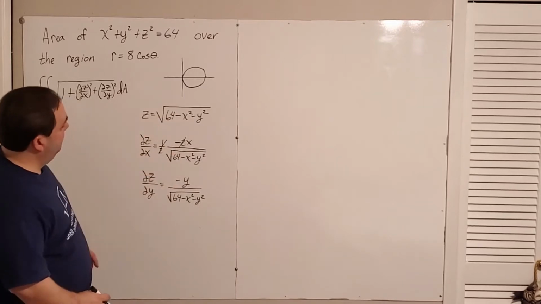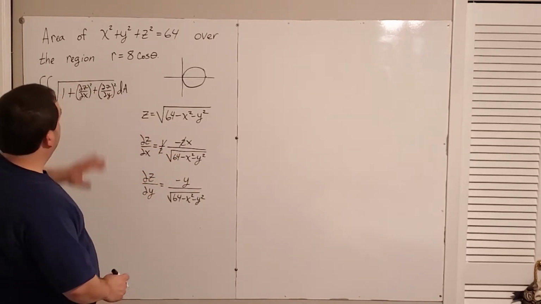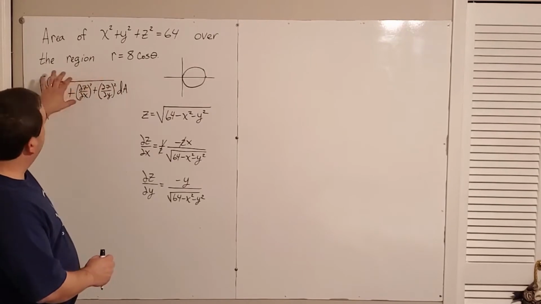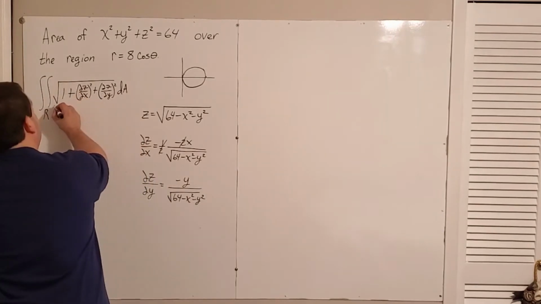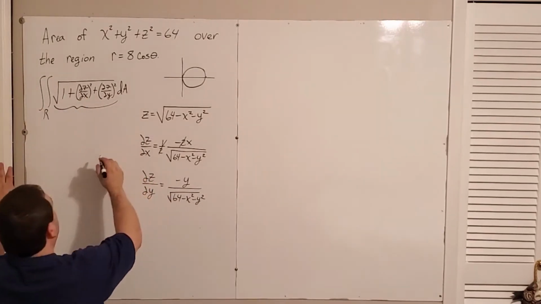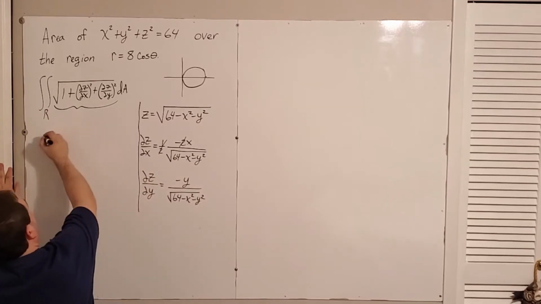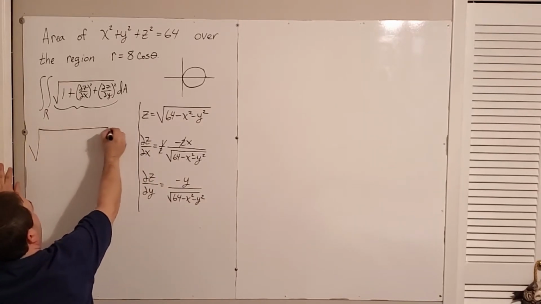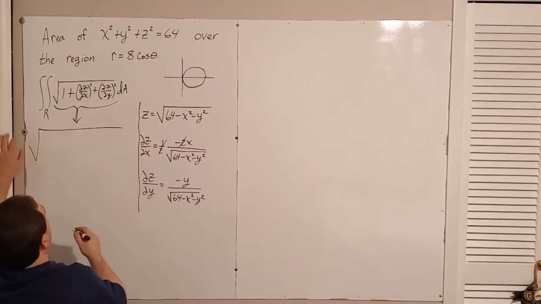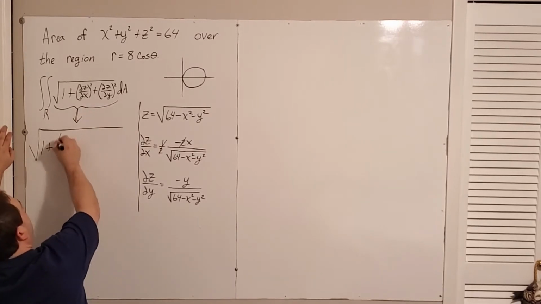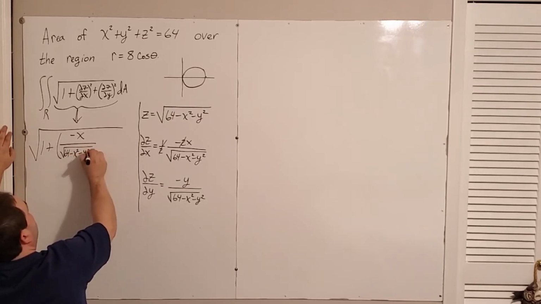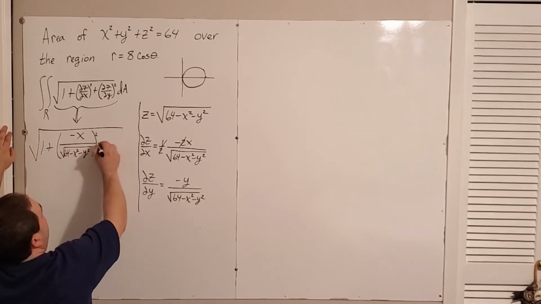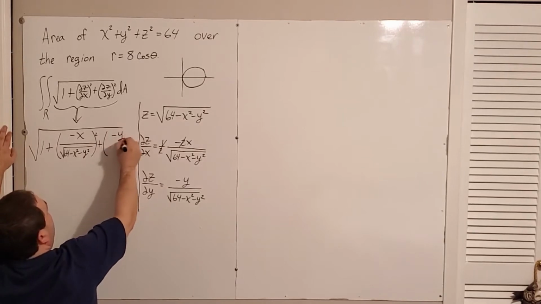Okay, so now that I've got those two things set up, I need to plug them into this piece right here, and let's see what we can do to simplify that first, right? So just this piece right here. I've got square root 1 plus, then I've got negative x over square root 64 minus x squared minus y squared, that whole thing squared. And then the same thing for y.